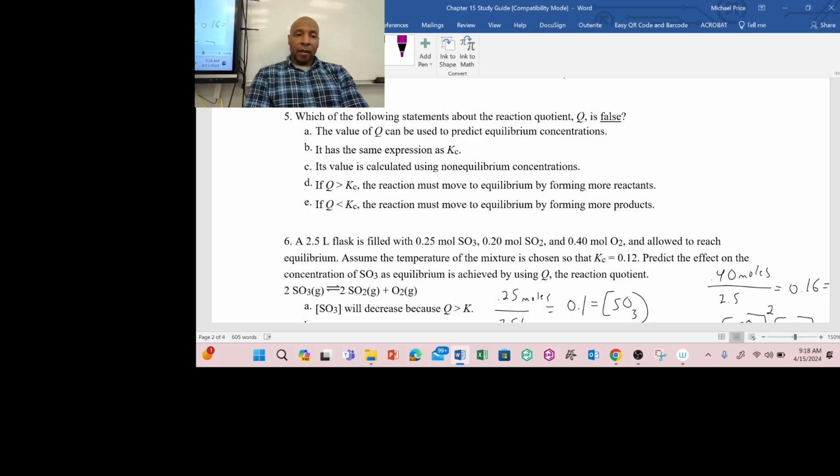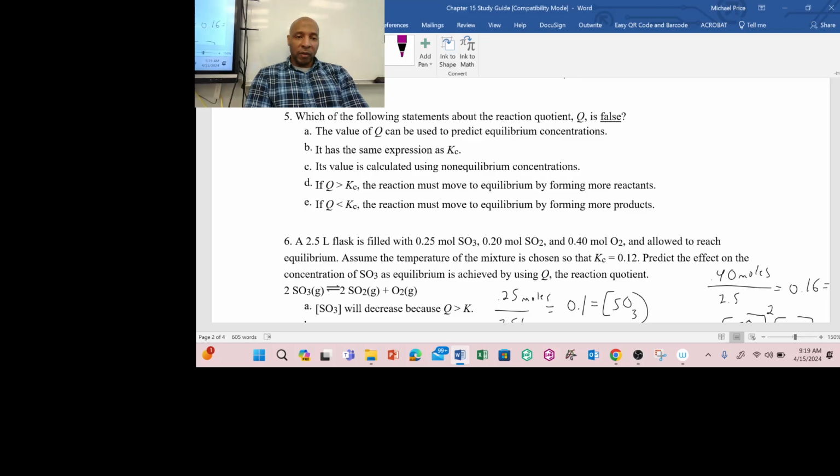Okay. It has the same expression as Kc. Well, technically, it does have the same expression as Kc, but I don't know if they mean initial concentrations as well. Let's see what we have right here. Its value is calculated using non-equilibrium concentrations. Yeah, that's true too. So B is true, C is true. Okay. D, no, they asked which one is false.